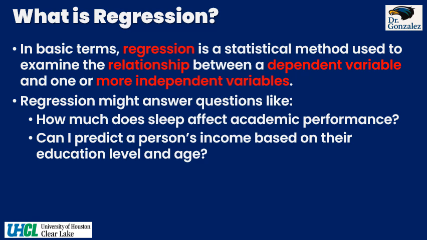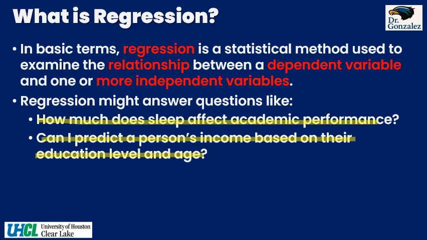So what are some questions that regression might answer? Some of those questions would include things like, how much does sleep affect academic performance? And can I predict a person's income based on their education level and age? If you look at that, sleep and academic performance are singular variables. I've got sleep as an independent variable and academic performance as a dependent.